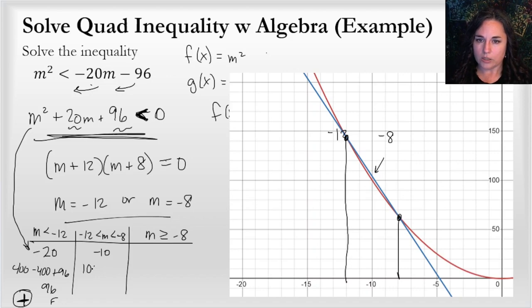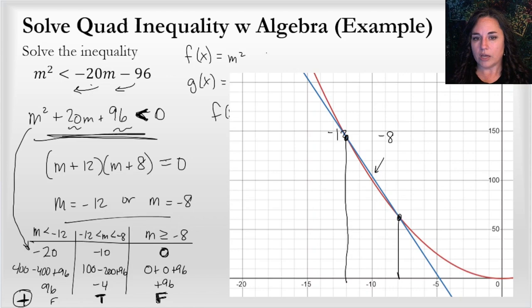So I'll get 100 minus 200 plus 96. 196 minus 200 is a negative 4. I get a negative number, so this is a true statement. And then let's plug in something easy: 0 is greater than negative 8. 0 plus 0 plus 96 gives a positive 96, so I have a false here.